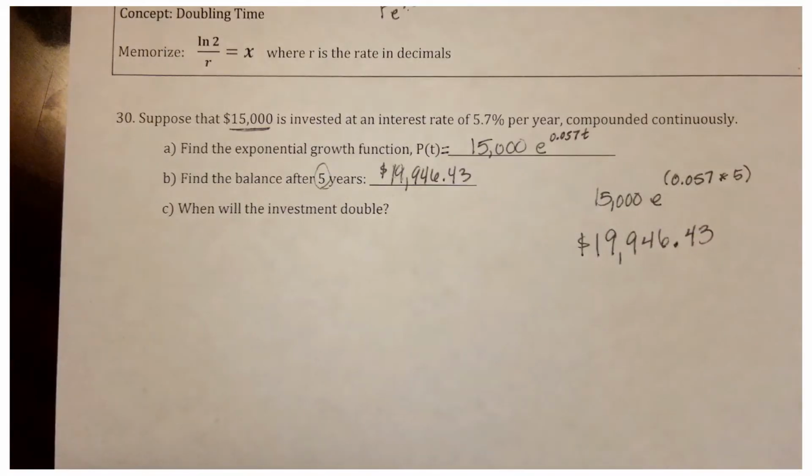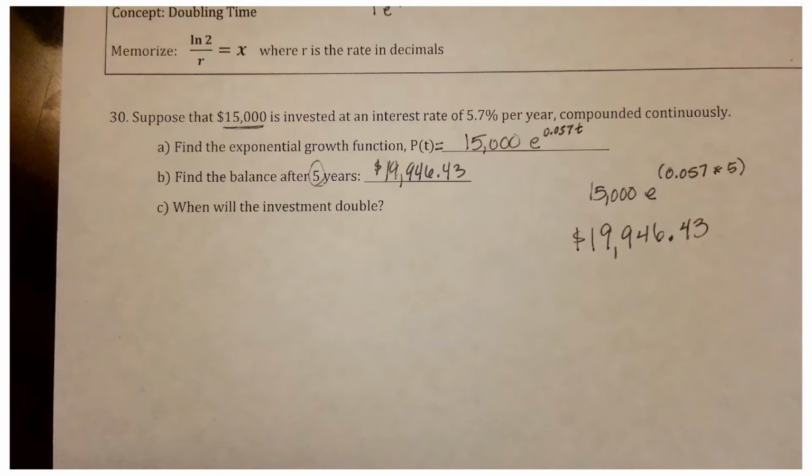All right, and lastly, when will the investment double? In what year is that? So how many years does it take? And they did not give us a starting year, so we're just going to calculate the total number of years. Your problem, you may have a starting year, so you would calculate the total number of years and then add it to the year that you started investing.